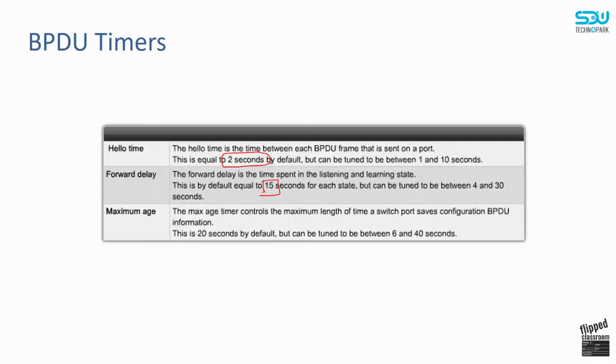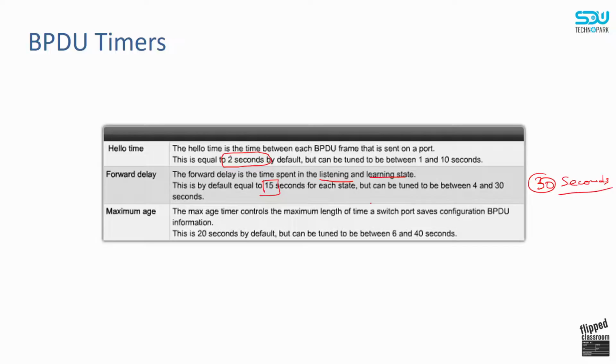It means that the switch is waiting for 30 seconds, spending this time in the listening and learning states. It means that the switch port is not able to operate normally.